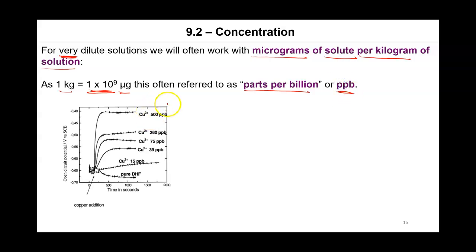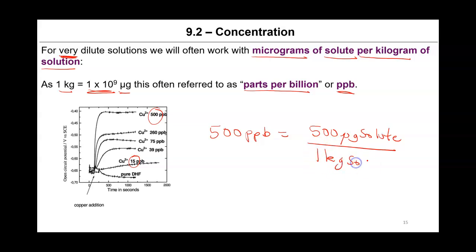So you can see here, these folks are measuring the concentration of copper ions. Copper ions are an antibacterial, and they're quite active at low amounts. And they're measuring from a few tens of ppb copper up to a few hundreds ppb copper. So when we see a number like 500 ppb, you can think of that as meaning 500 micrograms of solute per 1 kilogram of the solution.